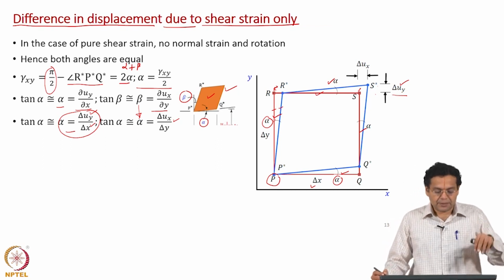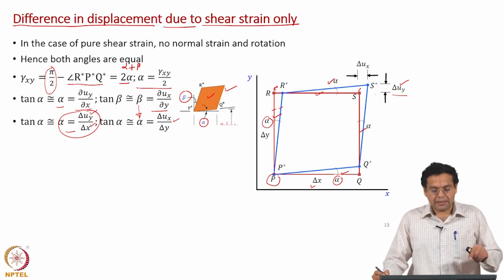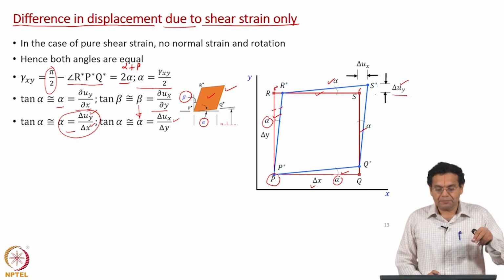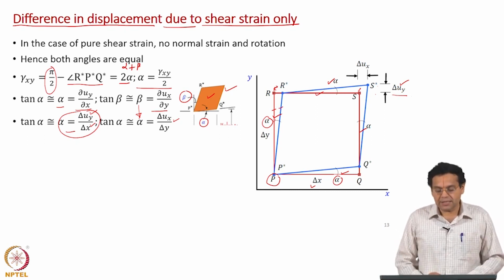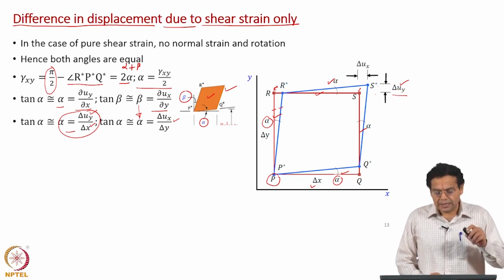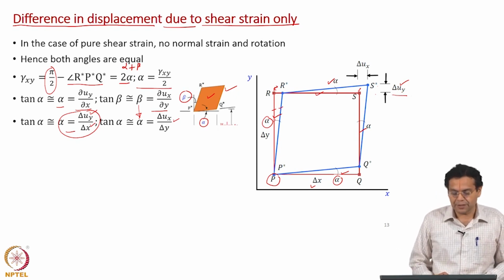So this relationship is applicable for this case, and it relates alpha to the difference in displacement and the distance between them. What is it that we are interested in? We are interested in getting the expression for delta uy from this equation.